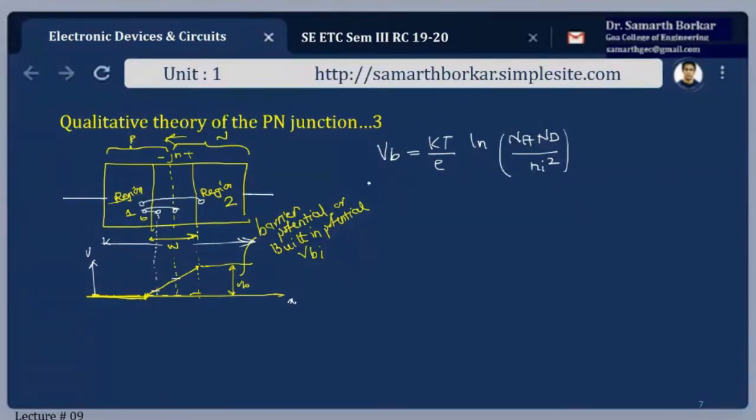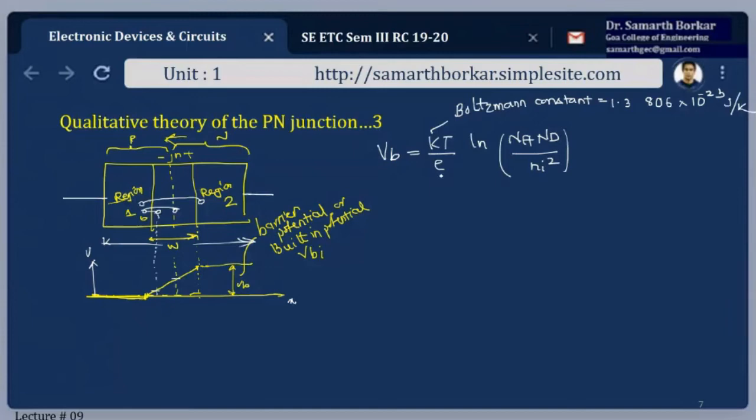Now, why am I stating the equation right in the beginning? Because this built-in potential depends on what? k is the Boltzmann constant. It is fixed. e is the charge on the electron. Let me write the values. The Boltzmann constant is 1.3806 times 10 to the power minus 23 joules per Kelvin.